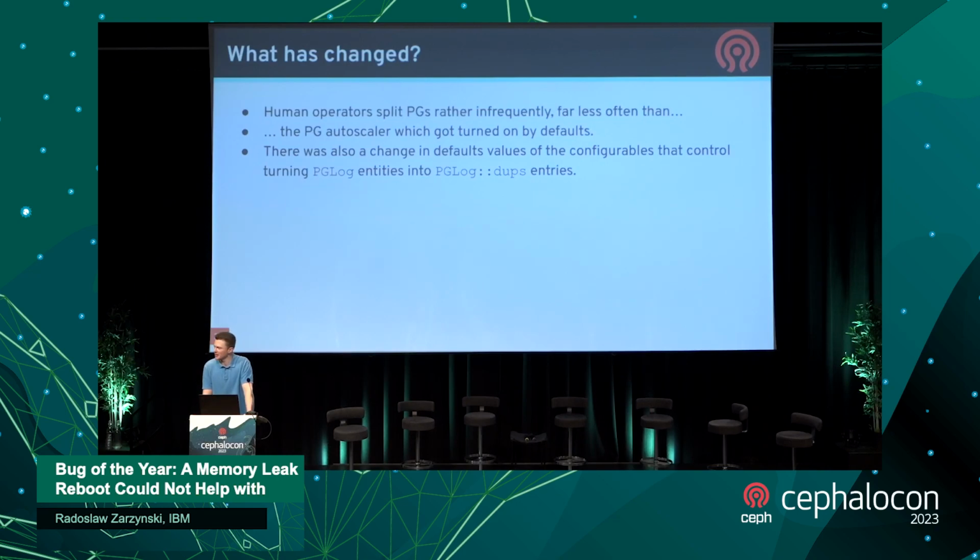Okay, so what got changed? The problem we had for years started appearing pretty recently. The main thing is turning the PG autoscaler on for freshly created pools in Octopus.